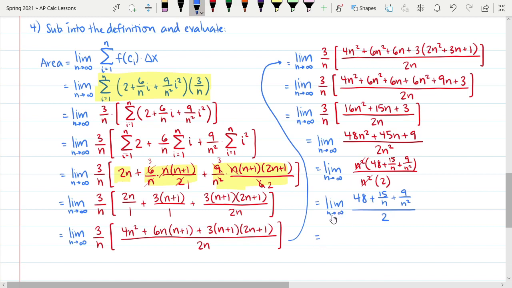So the limit as n approaches infinity of a constant is still that constant, so 48, plus, remember, as n approaches infinity, 15 over n goes to 0. 9 over n squared also goes to 0. And then again, 2 stays a 2. I get 48 over 2, and that gives me 24. And what that means is the exact area of that region is 24.